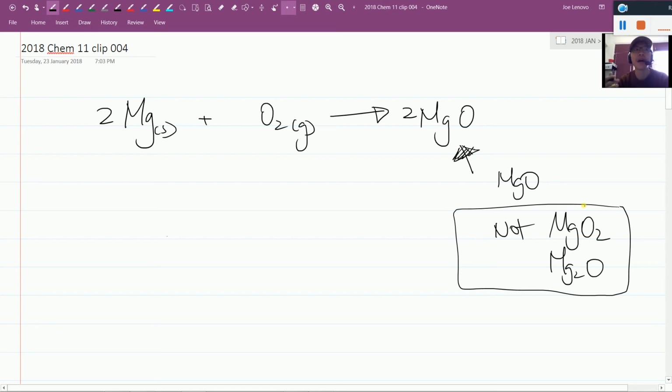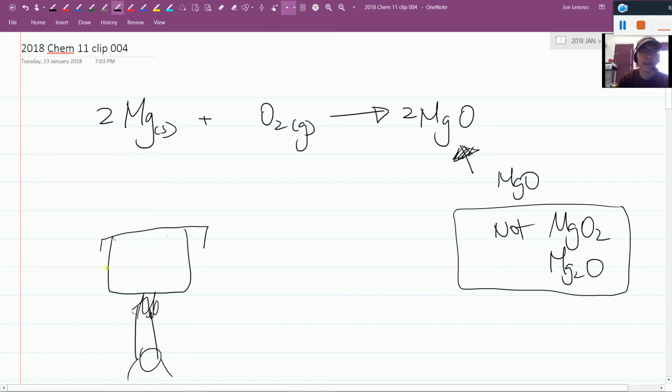Based on our prac, we have found one thing. If we burn all the magnesium inside a crucible, with the fire down there, all the magnesium metal inside should react with the oxygen coming in.